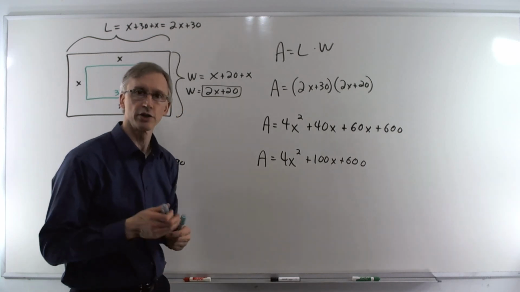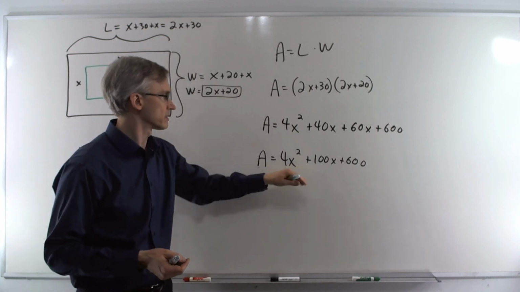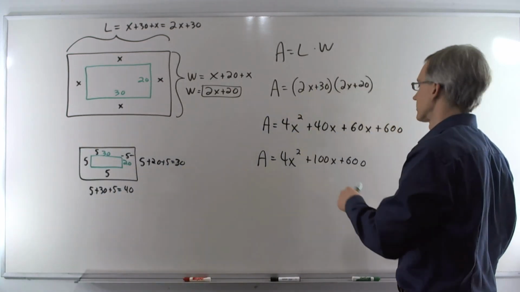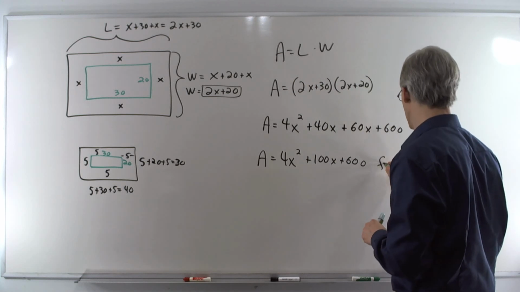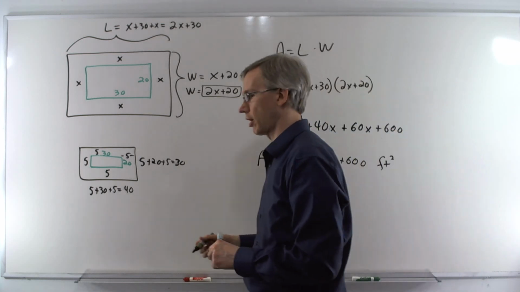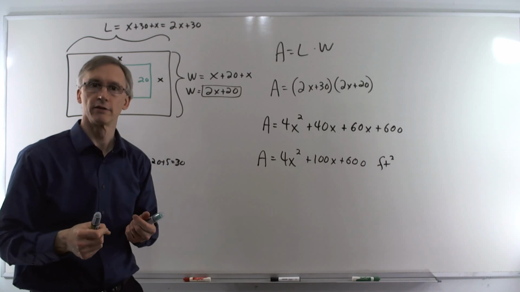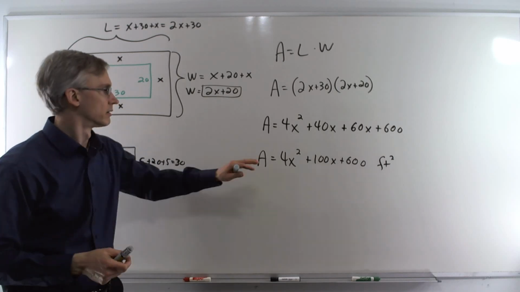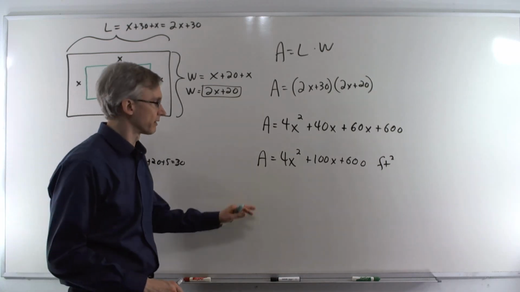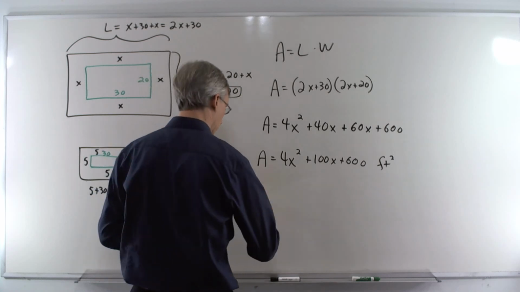Now we're given that it costs $2 for every square foot of lawn. All right, this is the amount of lawn we have in square feet. We're assuming all these measurements are in feet. So this is the area. If we want the cost, it's $2 for every square foot. That means we're going to multiply this expression by 2. That'll be the cost.